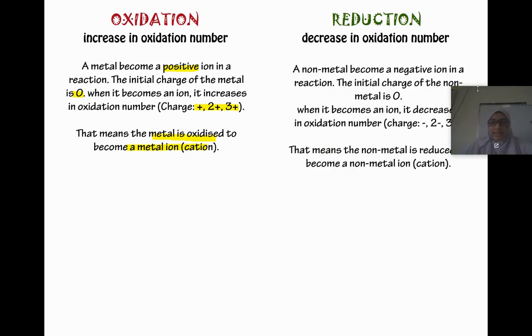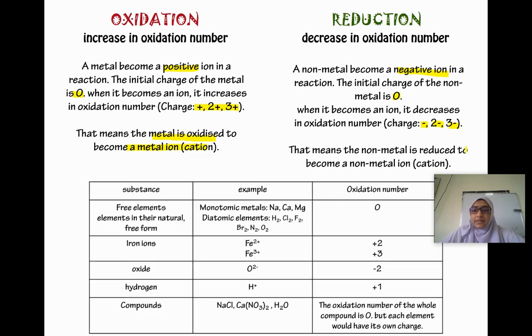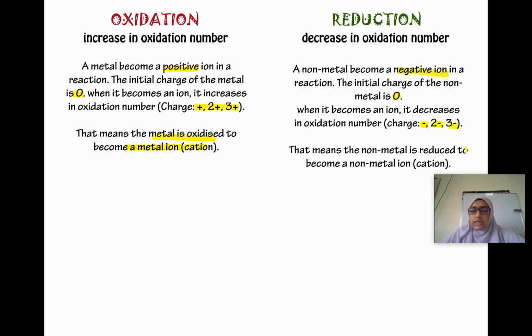Now, the opposite is for reduction. For reduction, you can see a non-metal will become a negative ion. Again, the initial charge of the non-metal in its natural form is 0. But when it becomes an ion, it gets a charge of a minus, or 2 minus or a 3 minus, like Cl-, O2-, and N3-.